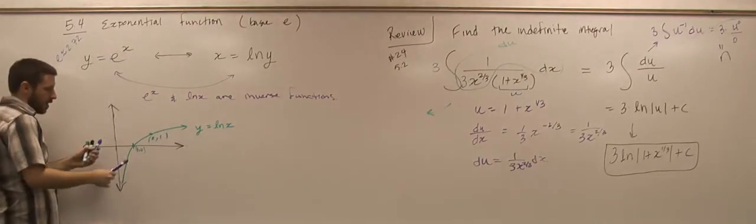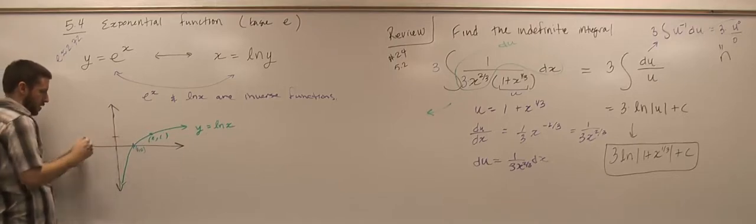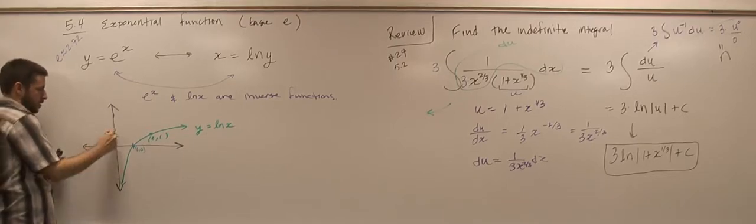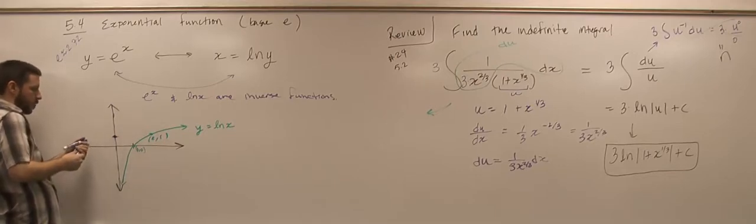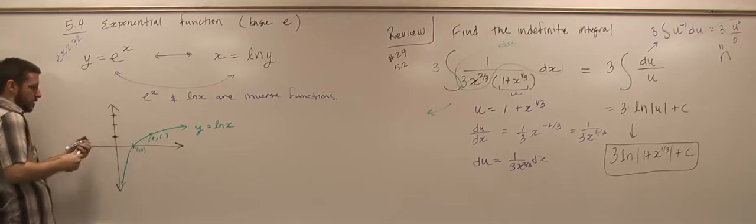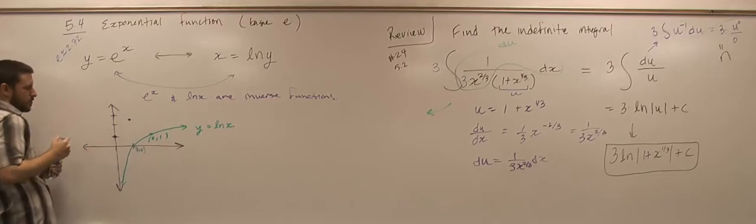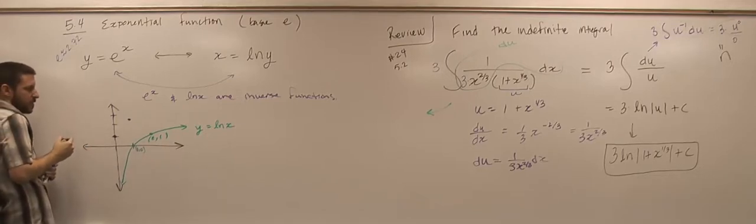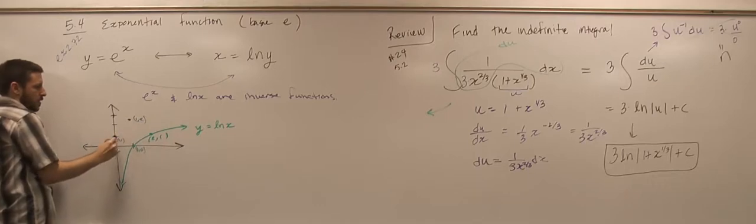For example, 1, 0 will become 0, 1. e, 1 will become 1, e. So here's e, about between 2 and 3, 2.7. So here's 1, e, and 0, 1.